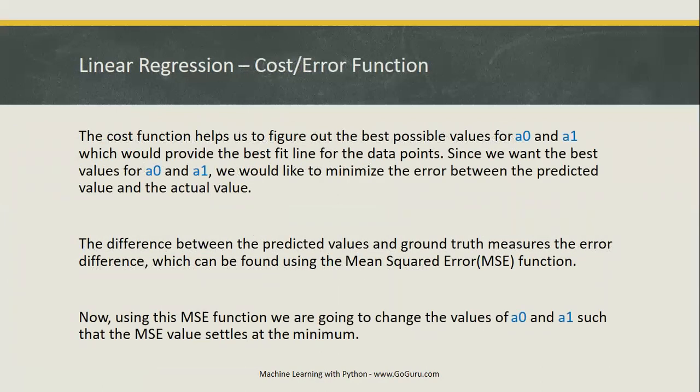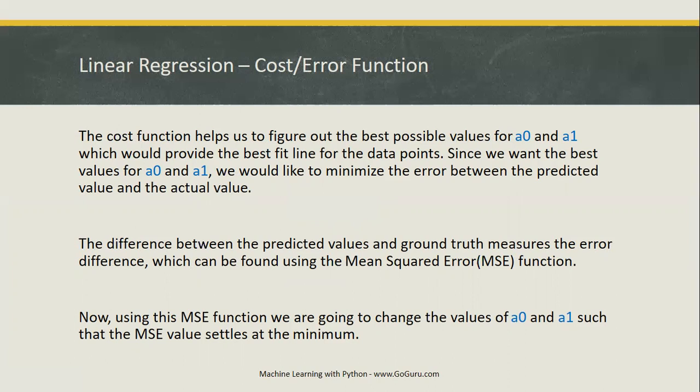As I mentioned before, once we draw a straight line, there are obviously going to be some points above and below the line. What we have to do is take those points that are above and below, and calculate the error function or the cost function. Cost function tells how far the points above or below the line are away from the best fit line.